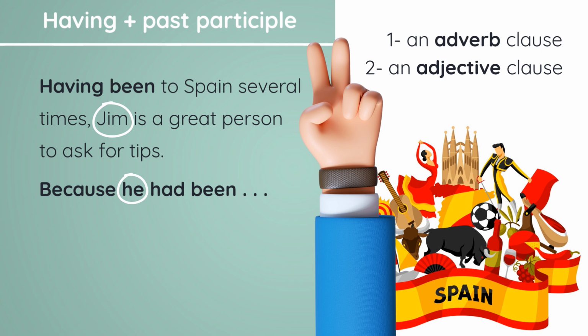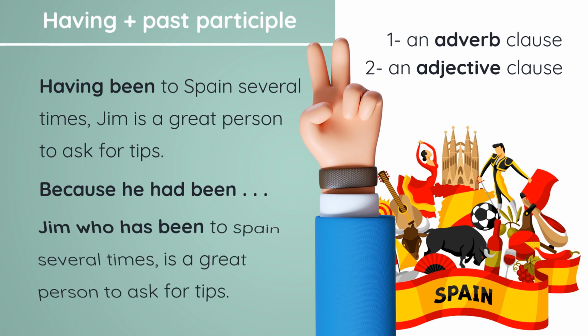So same subject again. And then you can say something about him. So we can use the be verb as well to talk about a past experience that has completed in the past. But we can read this another way. Jim, who has been to Spain several times, is a great person to ask. So you can also say, because he had been, or Jim, who has been to Spain several times, comma, is a great person. Both ways are okay. Obviously a slightly different connotation, but essentially the sentence means the same thing.